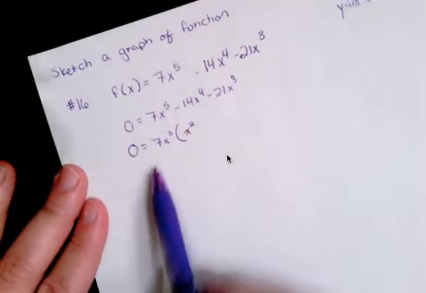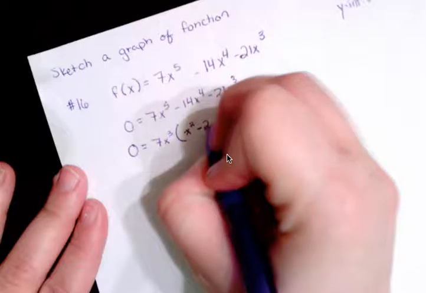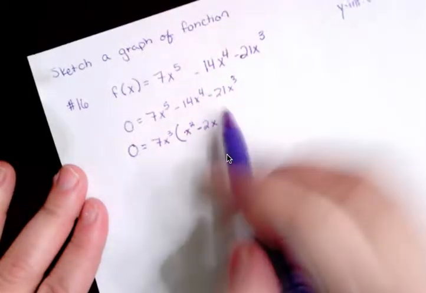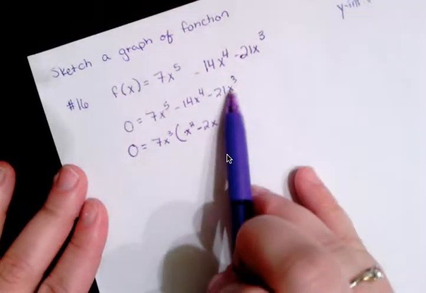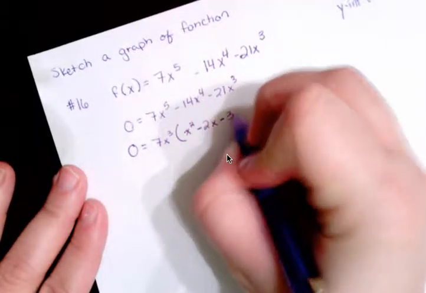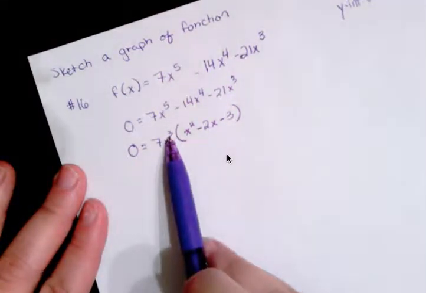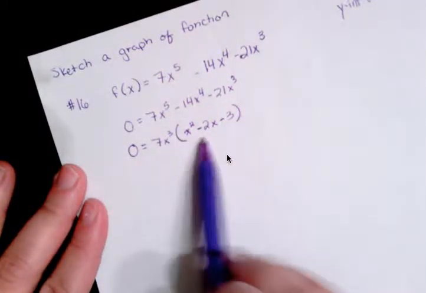If you factor out a 7x cubed from negative 14x to the fourth, you get negative 2x. And if you factor out a 7x cubed from negative 21x cubed, you're going to be left with a minus 3. So then I have 0 equals 7x cubed times all of this.